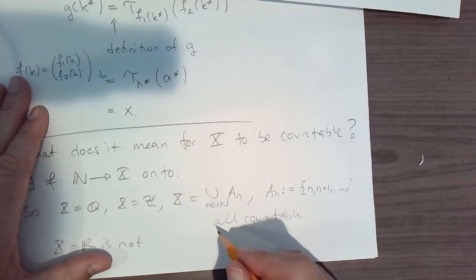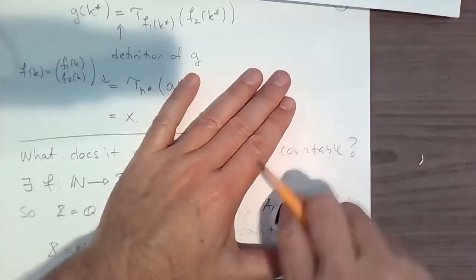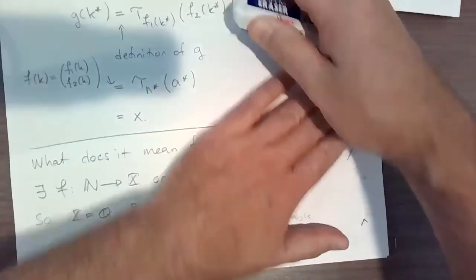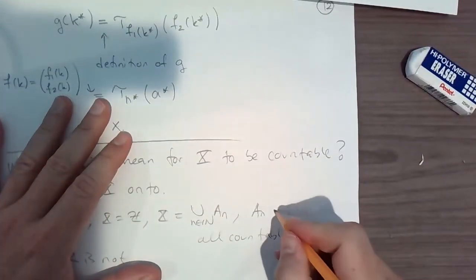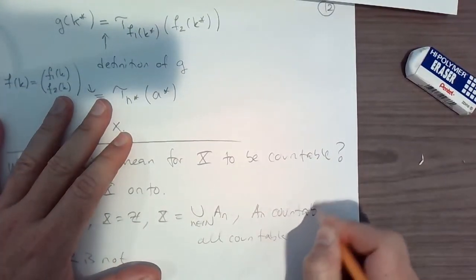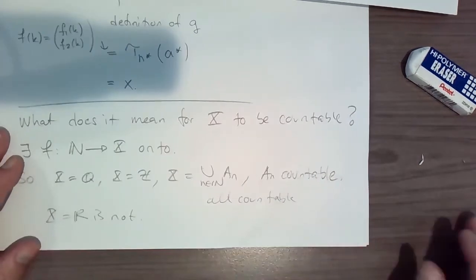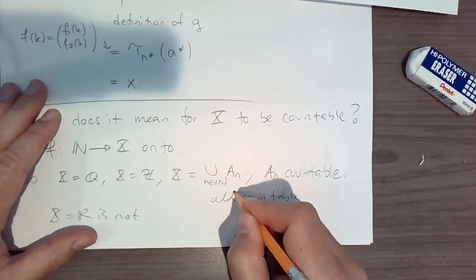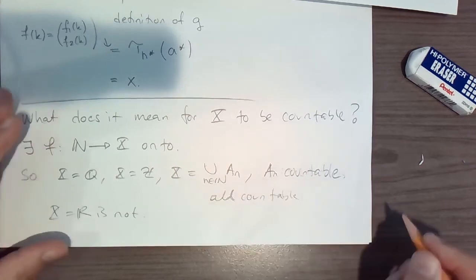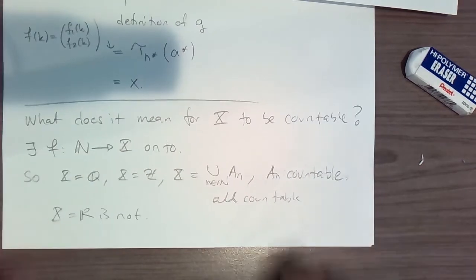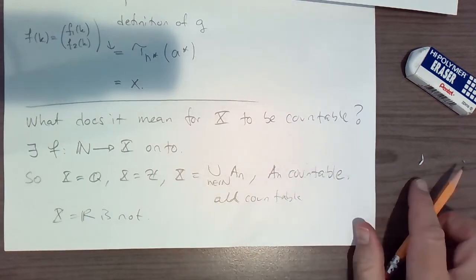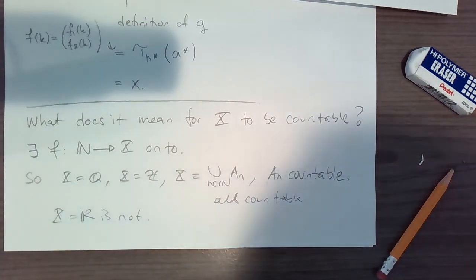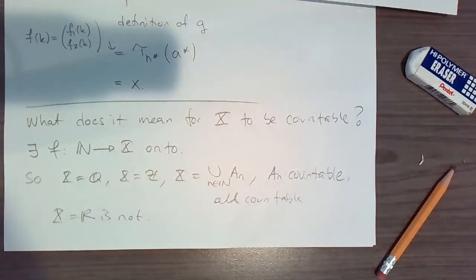No, that's also not so interesting. So let me just keep it arbitrary, A_n countable. And that's the one we just did. But to be countable just means that the natural numbers can hit you in an onto fashion.